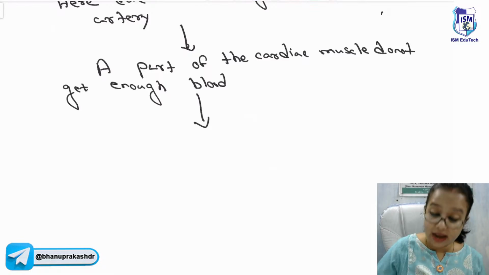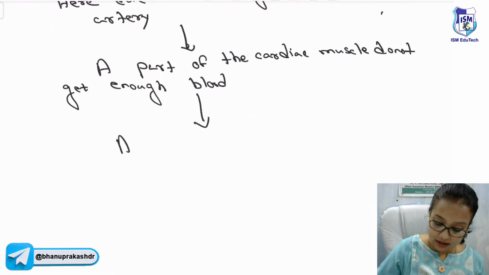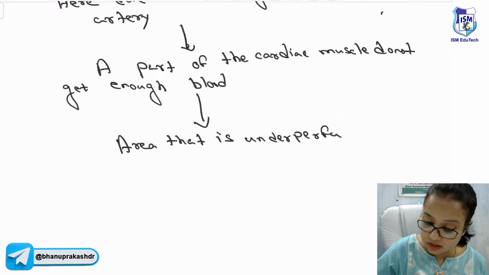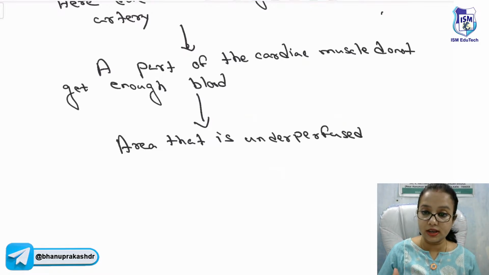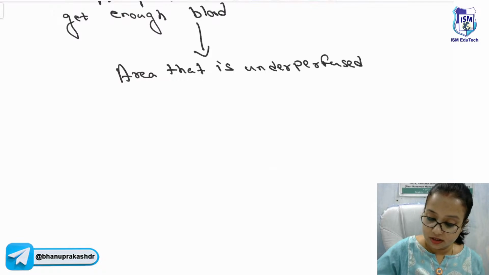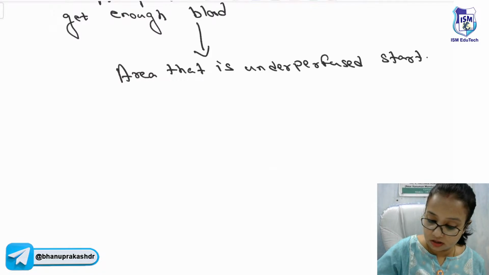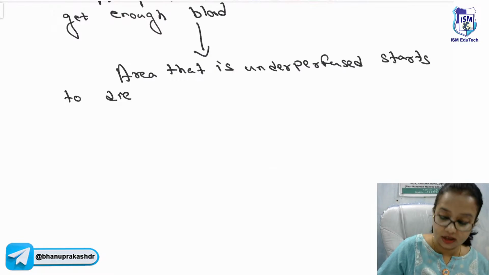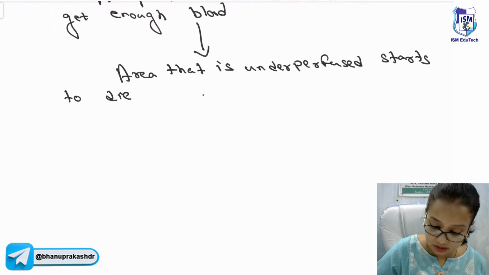So the area that is under-perfused, meaning it is not getting enough blood, starts to die, like necrosis starts happening.